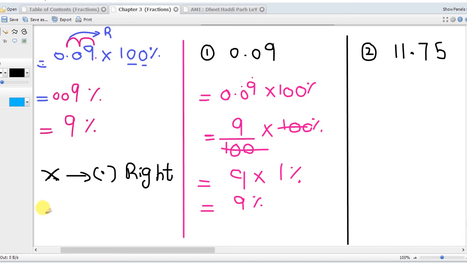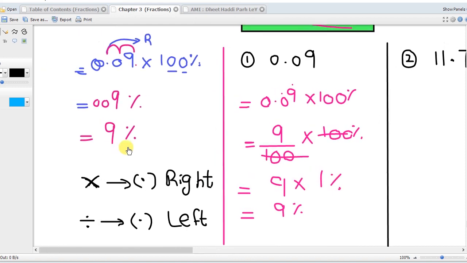And whenever we are going to divide the decimal value by any number, we have to shift the decimal point always towards the left side, right? So in short, when decimals or numbers are multiplying with each other, you have to shift the decimal point towards the right side, and when the decimal number is dividing with any other number or with any other decimal, you have to shift the decimal point towards the left side, right?